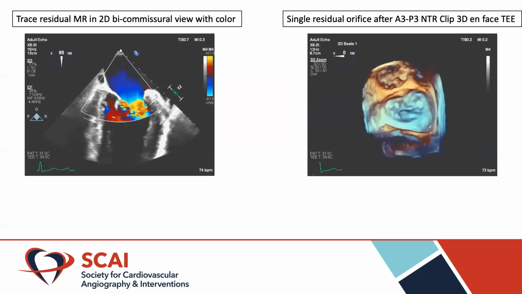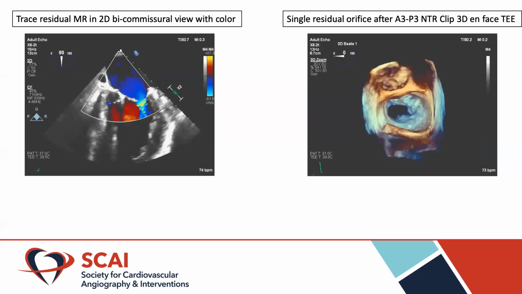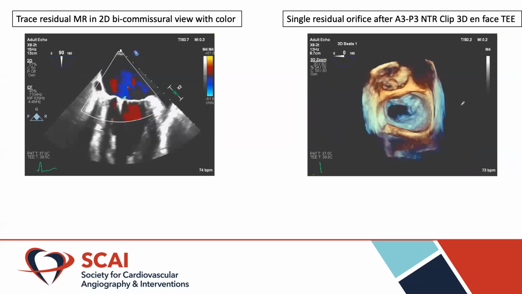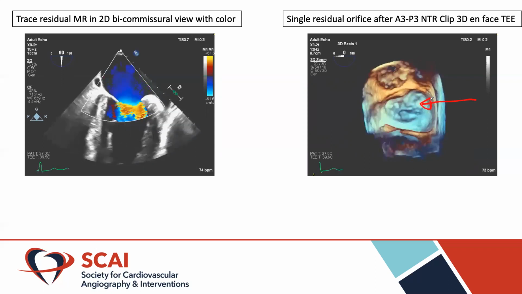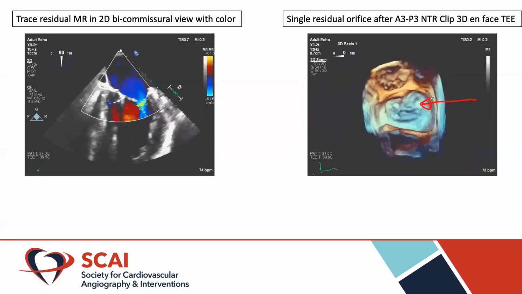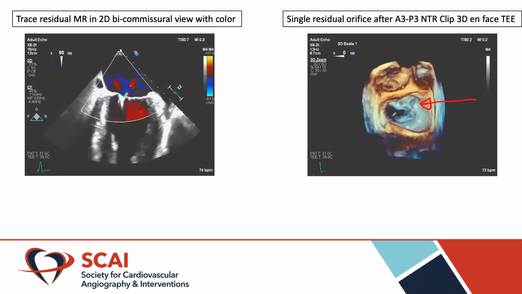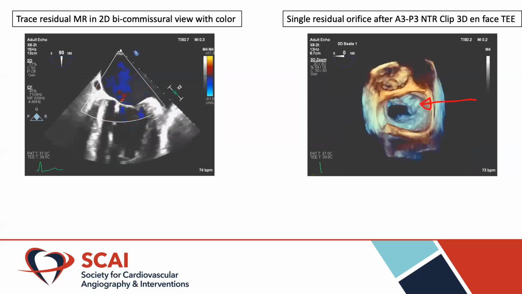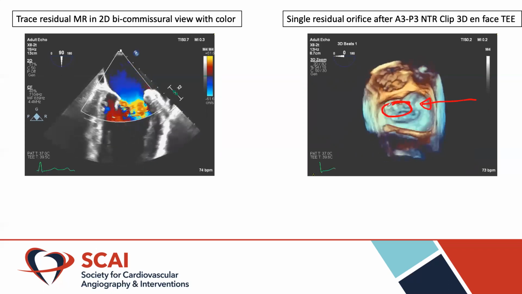And this is a 3D en face view on transesophageal echocardiogram in the movie on the right. You'll notice that the clip is practically located at the medial commissure, and there is only one opening orifice left in the mitral valve.